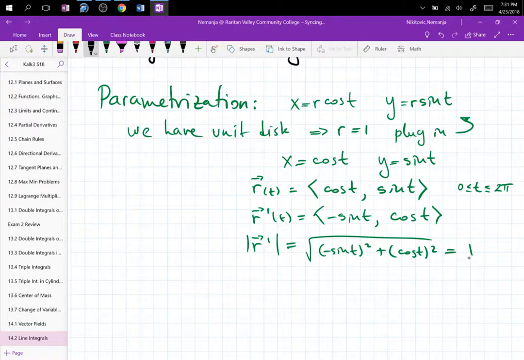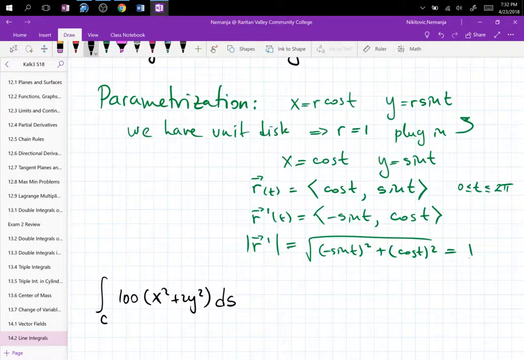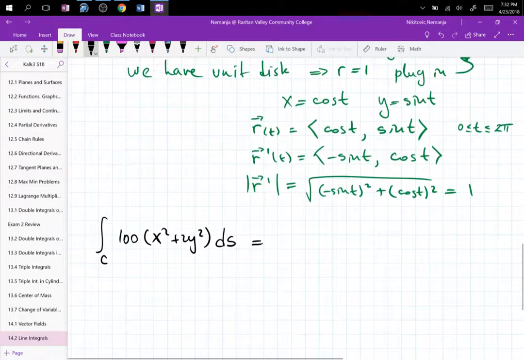So now I know that my integral over C of f, which is T in this particular case, capital T for temperature, is given as 100 x squared plus 2y squared, ds. I am going to now transform this into the line integral.